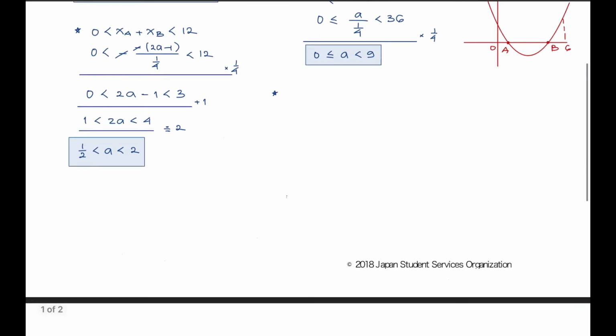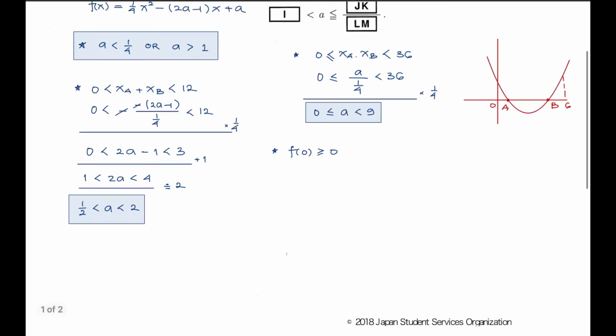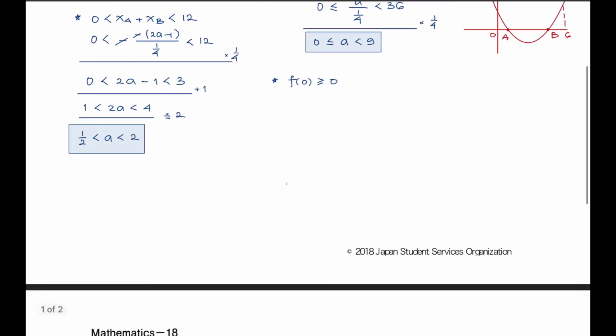So the last condition is f of 0 must be greater than or equal to 0. It can be 0 because A can be on the origin. And also f of 6 must be greater than or equal to 0.